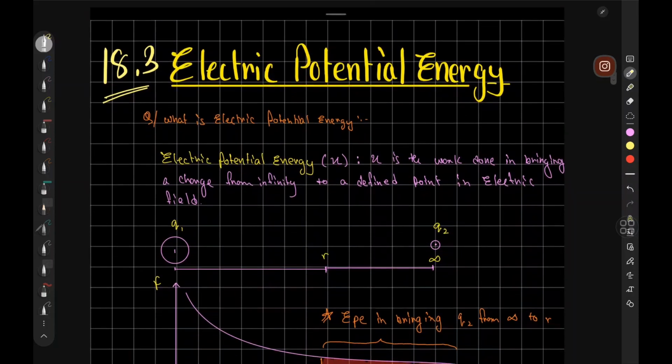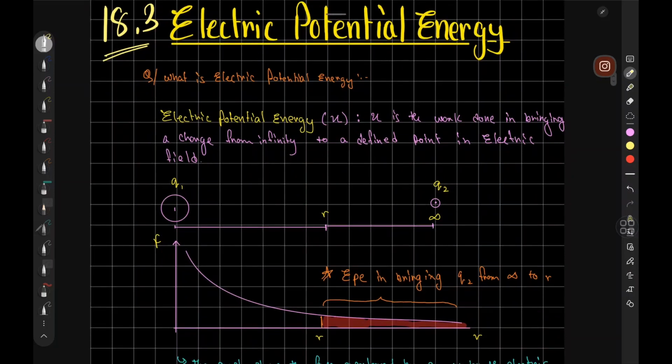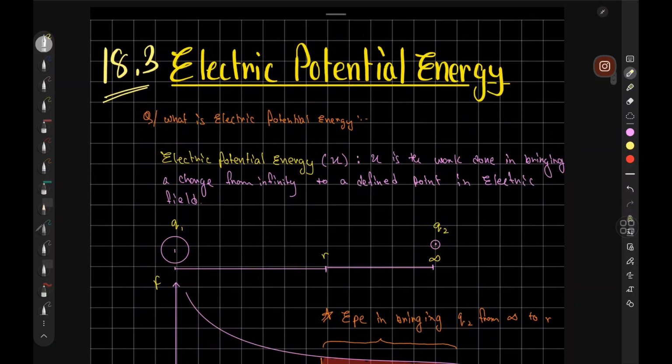Similar to that of gravitational fields, you know gravitational potential energy as the amount of work done on a point mass to bring it from infinity to a defined point. In case of charges, what's happening is you remove the mass and bring in a charge, and in this case you're talking about any charge, be it q1, q2, any amount of charge.